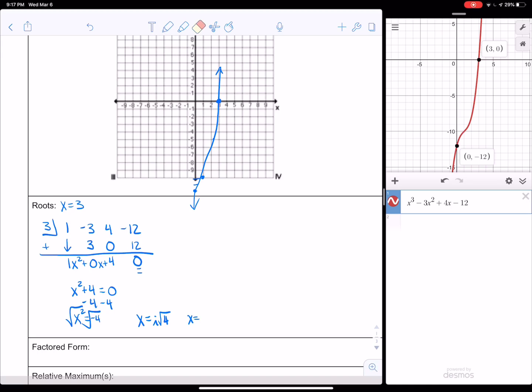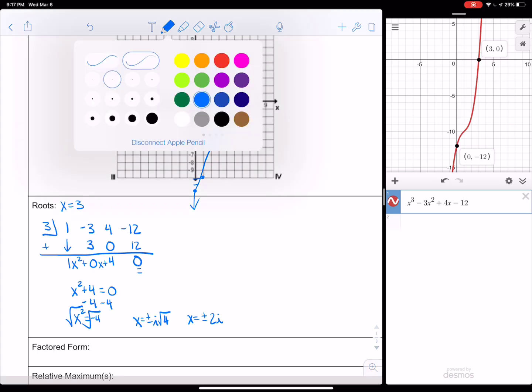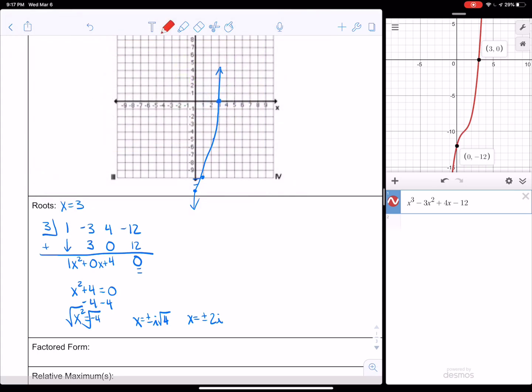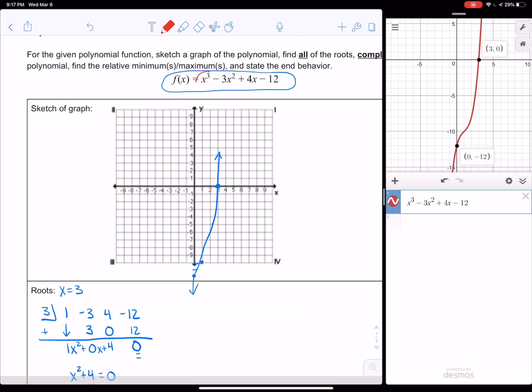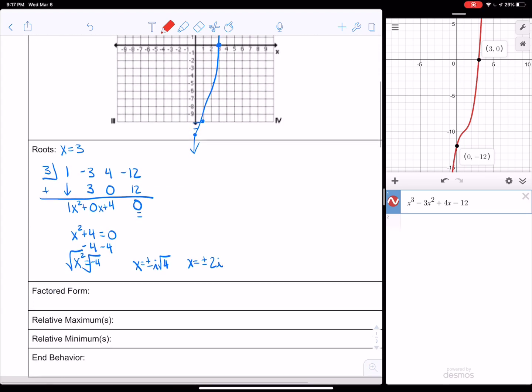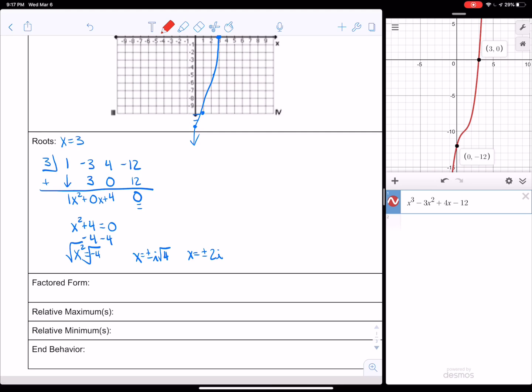Oh, and we need to put plus or minus since that's an even root that we took. So let's say x equals plus or minus 2i. It's always a good policy to put your roots together when you're finished finding all of them. We know there are 3 roots we're looking for because the degree of our polynomial was cubic, third degree.